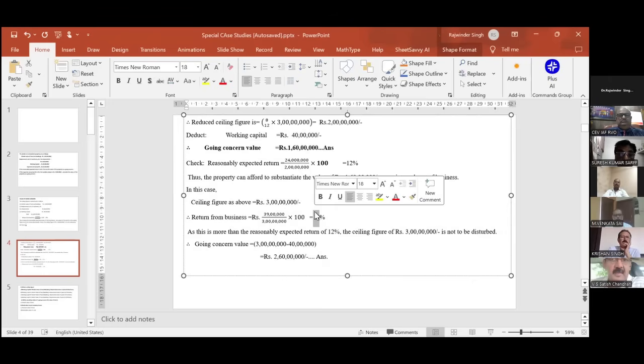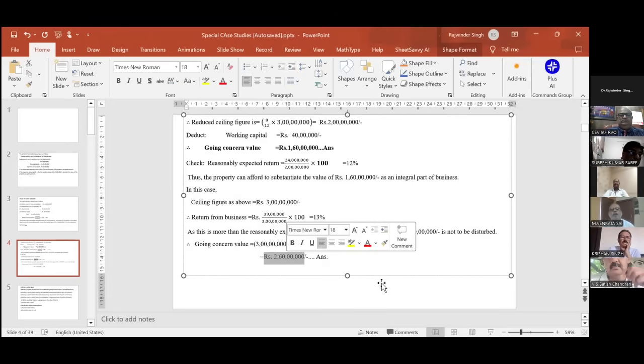So it is higher than the expectation, which is 12%. So here we do not need to reduce the ceiling figure. So the value will be 3 crore minus working capital, the value will be 2 crore 60 lakh. So this is one method.